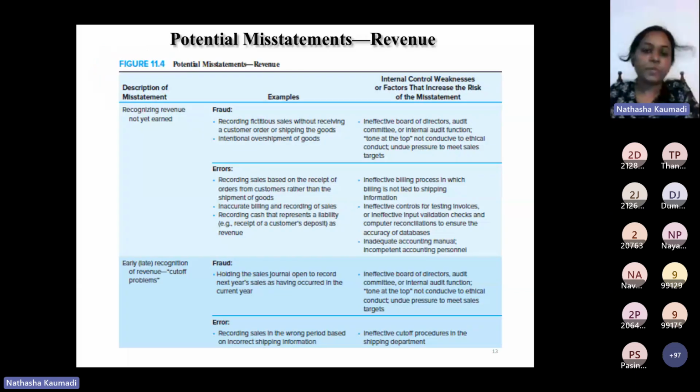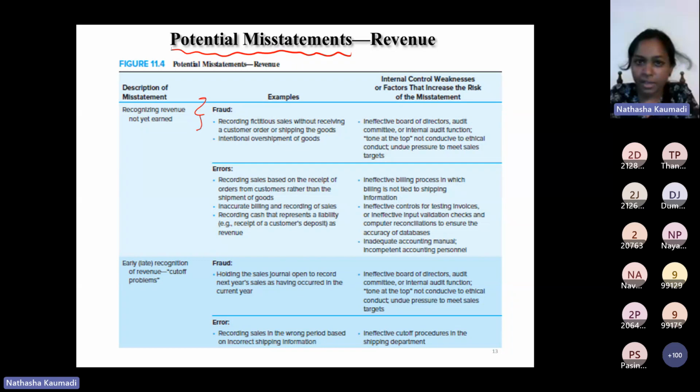With that, we are going to talk about the potential misstatements of revenue. We are saying from the beginning there can be material misstatements with regard to revenue and trade receivables. What are the potential misstatements with regard to revenue? These are a few examples. Look at the first one: recognizing revenue not yet earned.